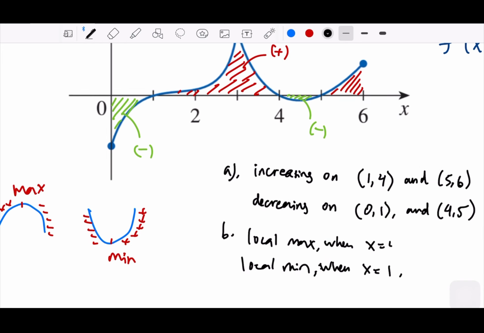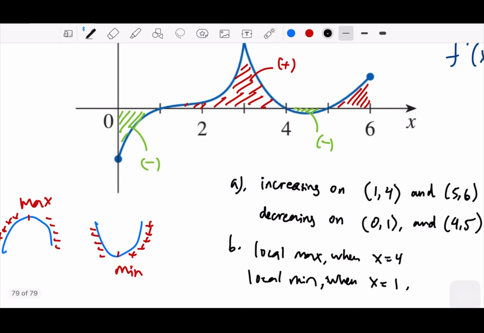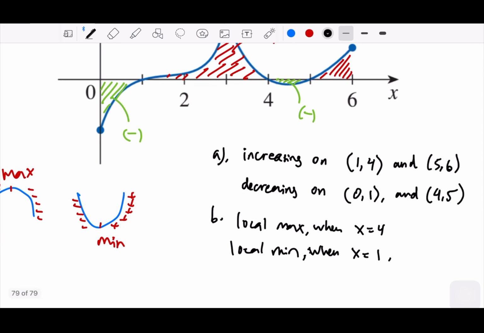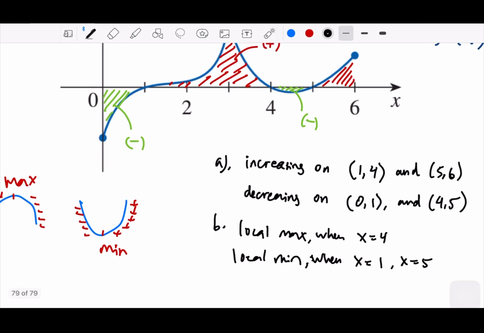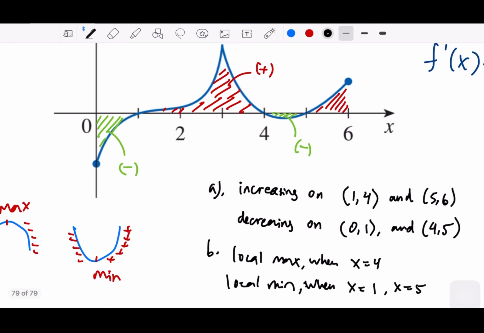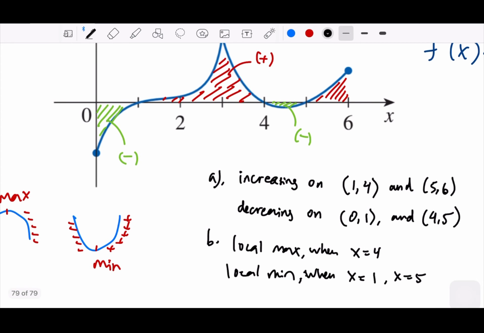Another one is 5. 5 is from negative to positive, which is also min. So I think just these 3 x's, because there are no other x's. So we finished finding the answer for increasing, decreasing, maximum, minimum.